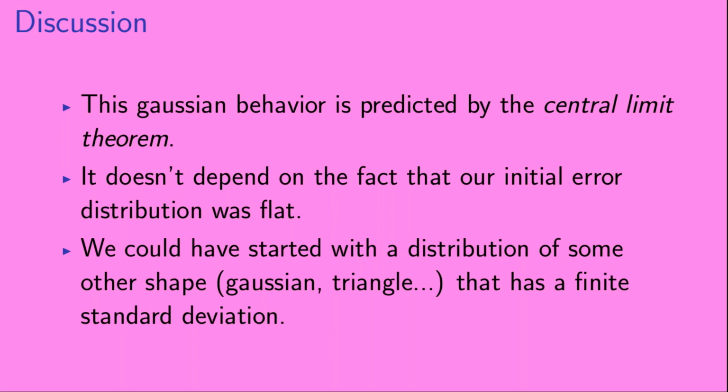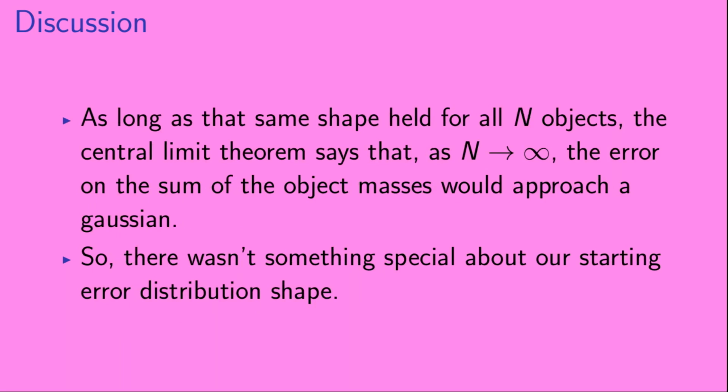It doesn't depend on the fact that our initial error distribution was flat. We could have started with a distribution of some other shape, say a Gaussian or a triangle, that has a finite standard deviation. As long as that same shape held for all n objects, the Central Limit Theorem says that as n goes to infinity, the error on the sum of the object masses would approach a Gaussian. So in case you're wondering, there wasn't something special about our starting error distribution shape.